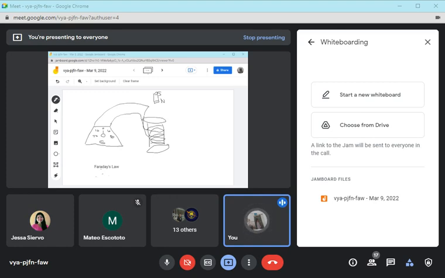Now, the next question is, since the North Pole is the one facing down, what will be the direction of the deflection? Going to the right or going to the left?